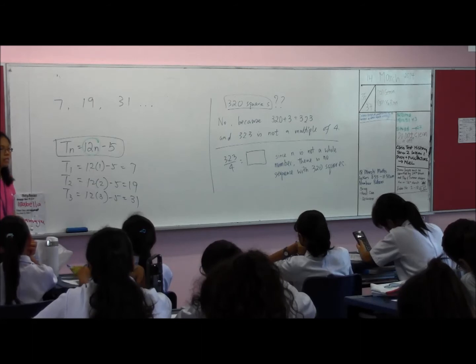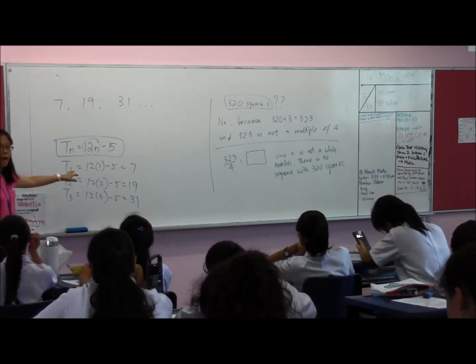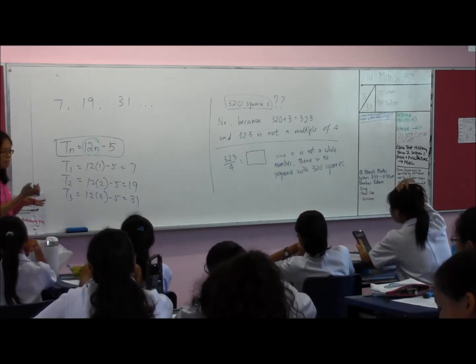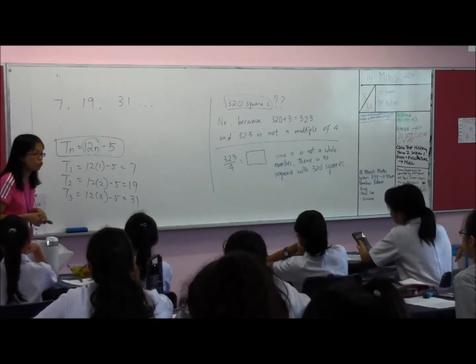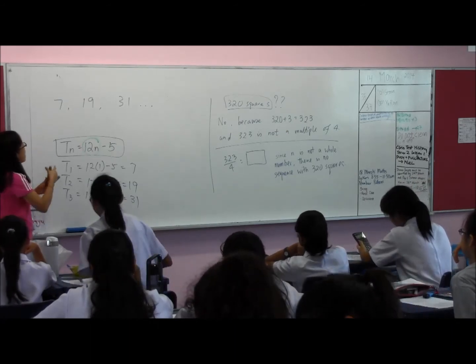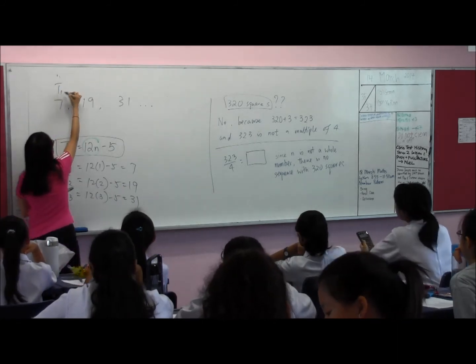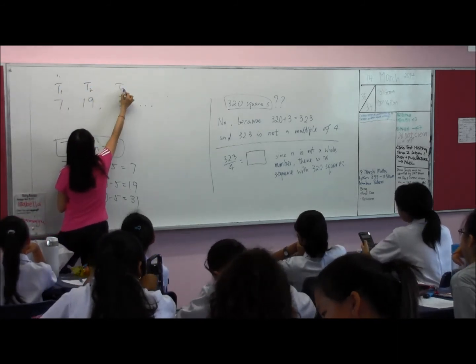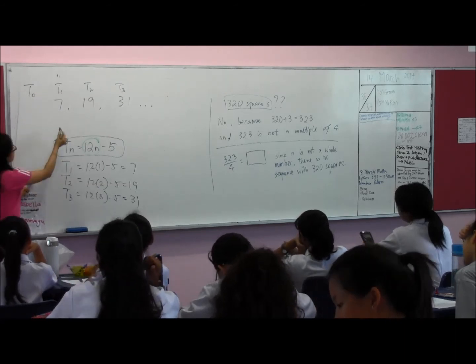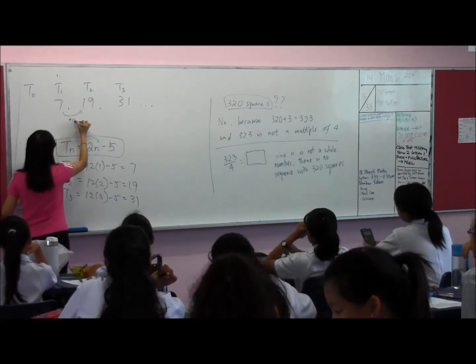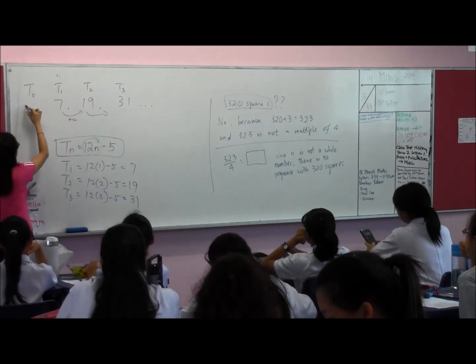12 minus 7 is a reason how I can get it, but there's a very systematic way. Now look here. This one maybe some other classes may not know, so you are very privileged. This is T1, this is T2, this is T3. I want to find T0. If this is always plus 12, I want to go backwards. What is this number?